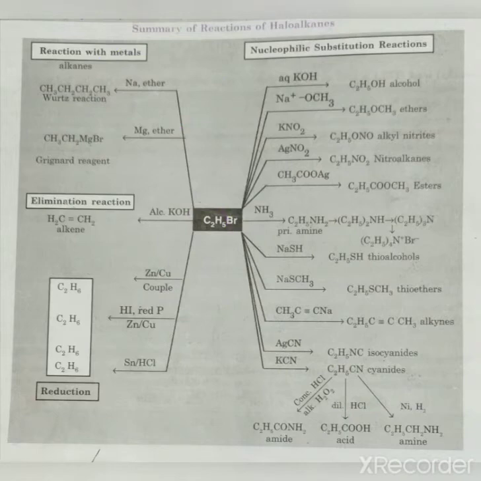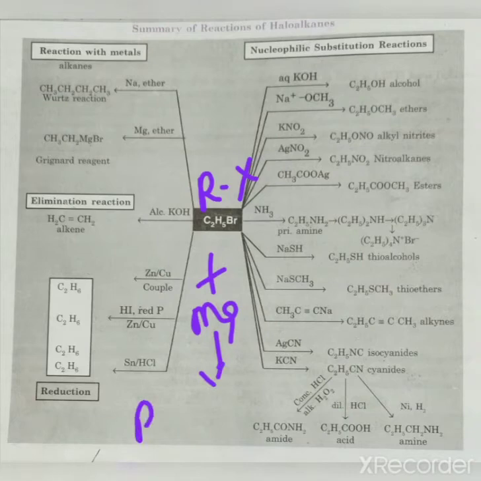Next, we also discussed the reaction with magnesium. When RX reacted with magnesium, what is the product we got? That is RMgX. Similarly, what is R over here?